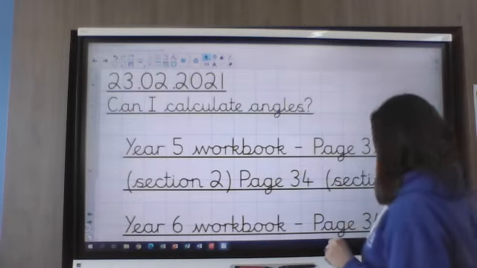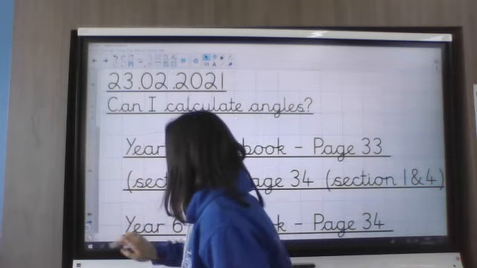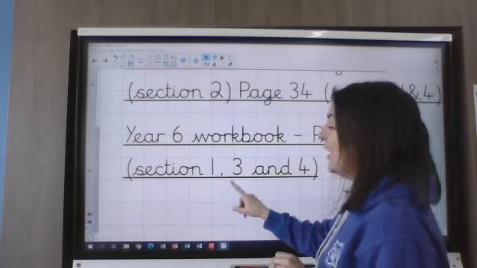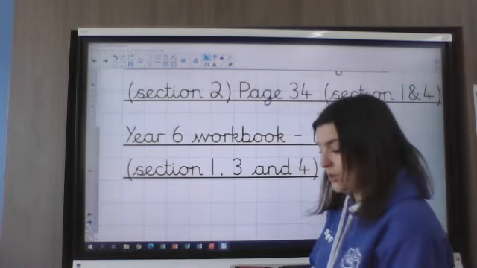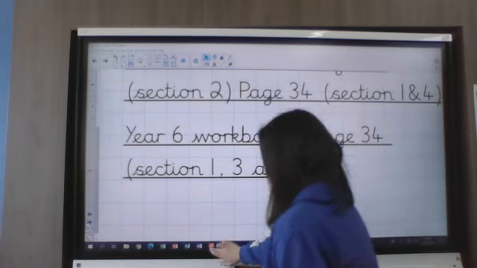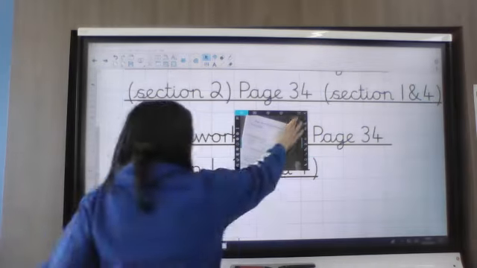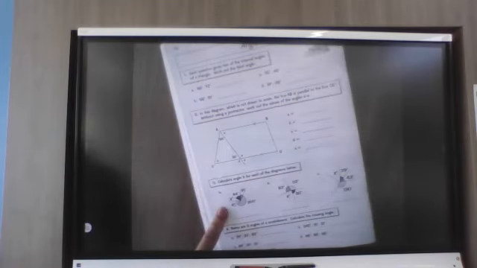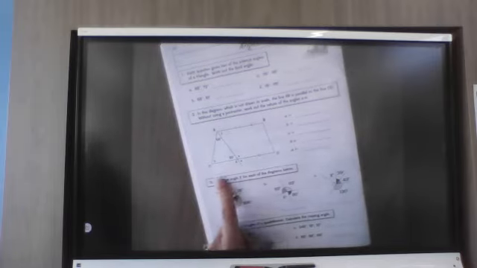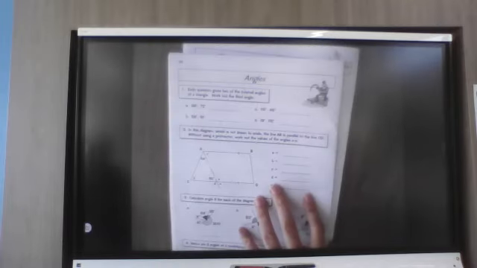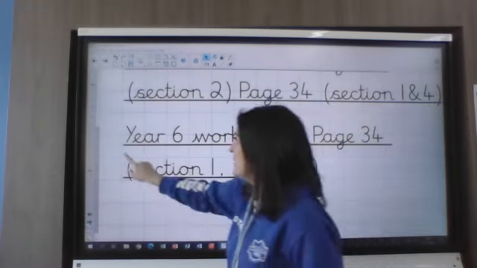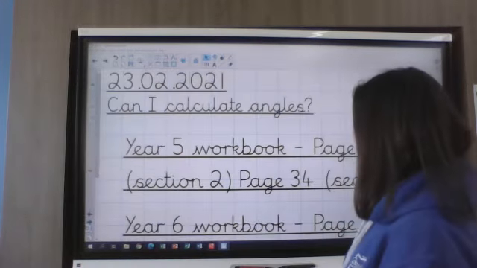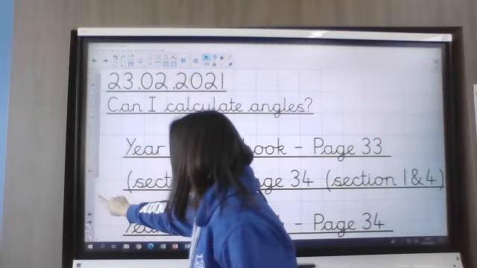And then out of the Year 6 workbook, we are doing page 34, section 1, section 3, and section 4. So page 34, I'll show you. Section 1, section 3, and section 4. So you might want to circle them or put a star next to them. Or make sure you come back to this part of the video so that you know which parts you are doing.